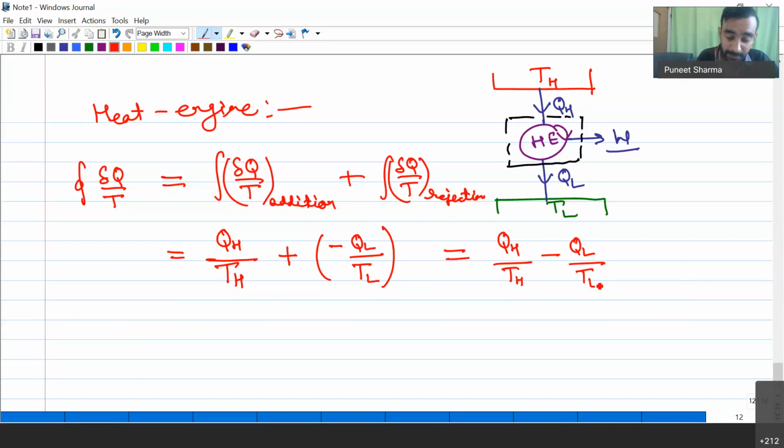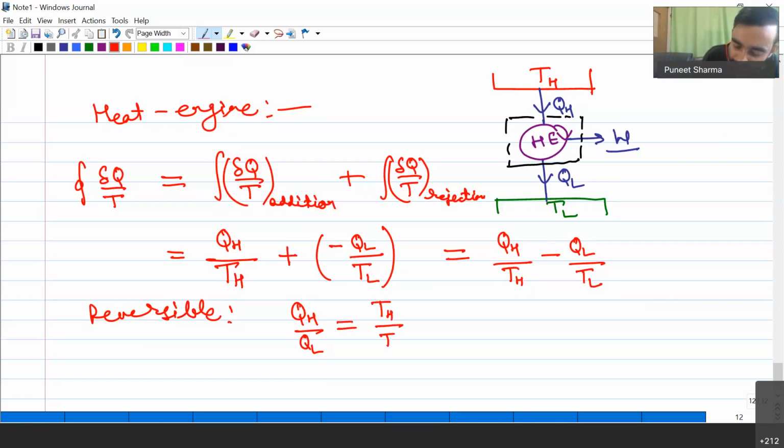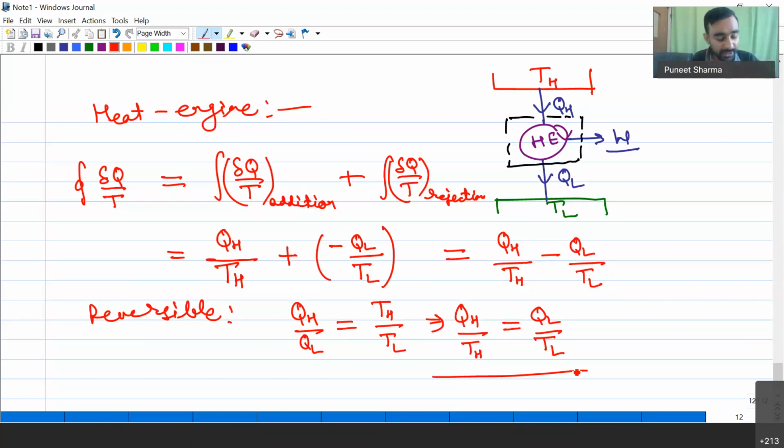Okay, so that is what I have got for a heat engine device as the cyclic integral of del Q by T. Now we have just seen from our thermodynamic temperature scale that if our process is completely reversible, QH by QL is equal to TH divided by TL. So finally QH by TH equals QL divided by TL, which is a very important point for a reversible process.